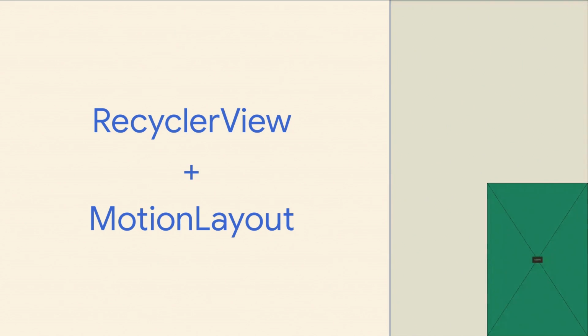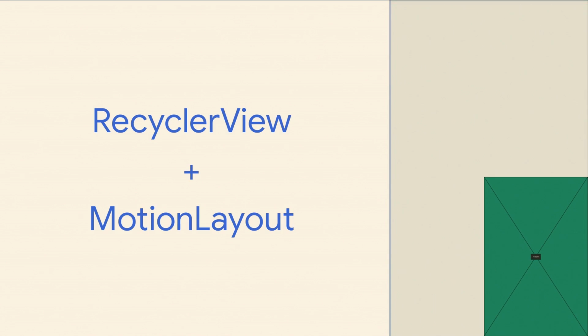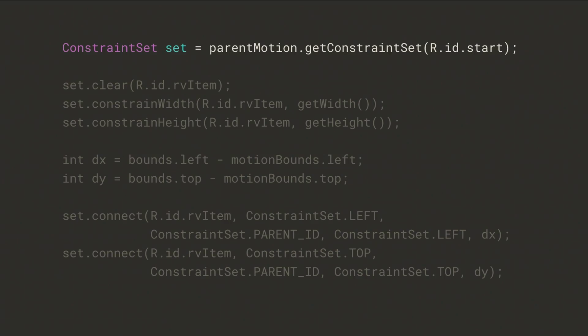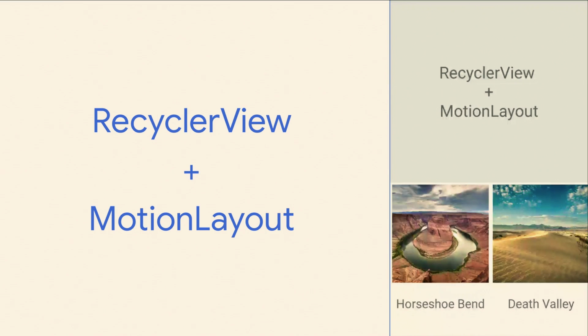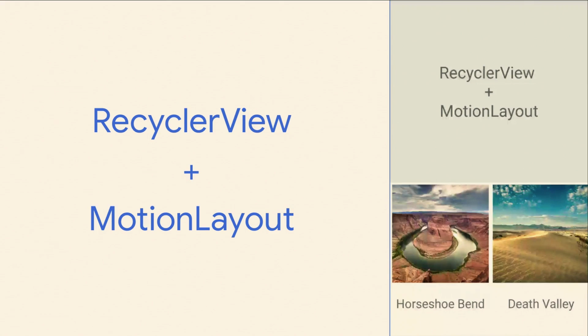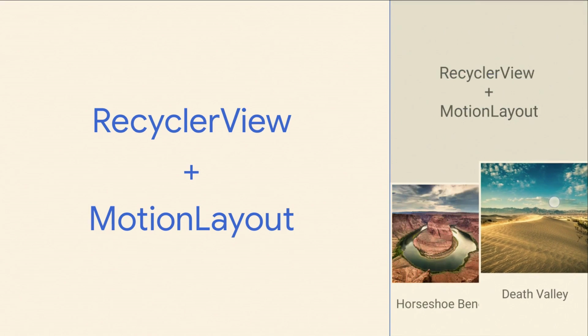Of course, the issue is that the position of that element that I'm animating changes all the time. I don't know where it is on screen. So in the transition listener, you can hook that, get the current constraint set, clear the item, calculate the new bounds, pass it back, and reapply it. And that's enough for you to then apply that.